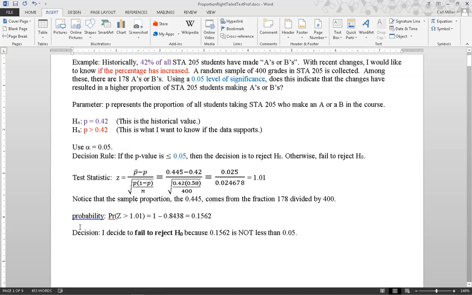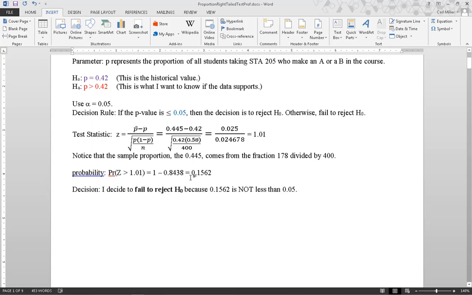Now in our next step, we want to look at the probability we calculated and apply the decision rule to make our decision, and then write a summary or a conclusion. So I decide to fail to reject H sub 0, the null hypothesis, because 0.1562 is not less than or equal to 0.05.